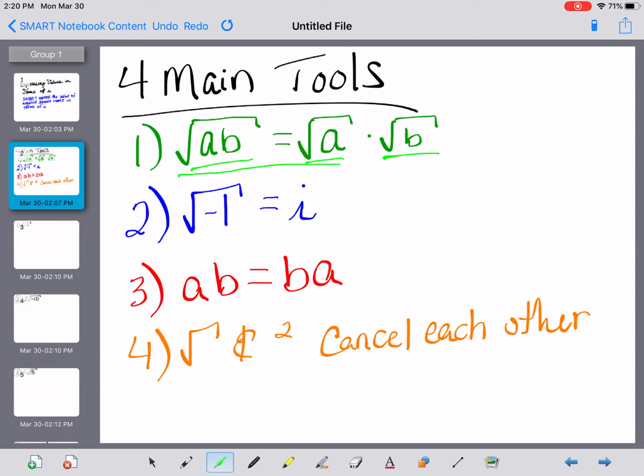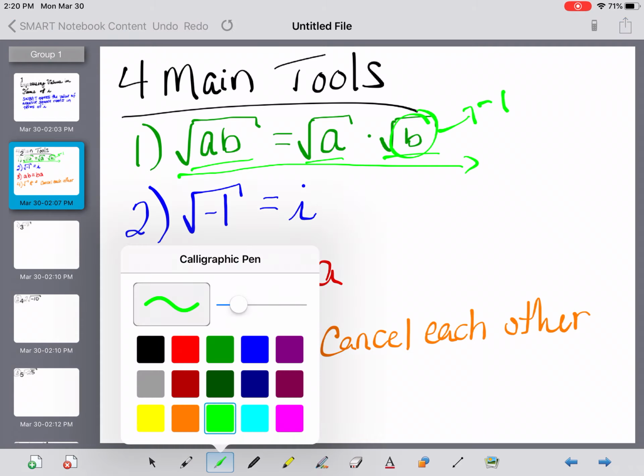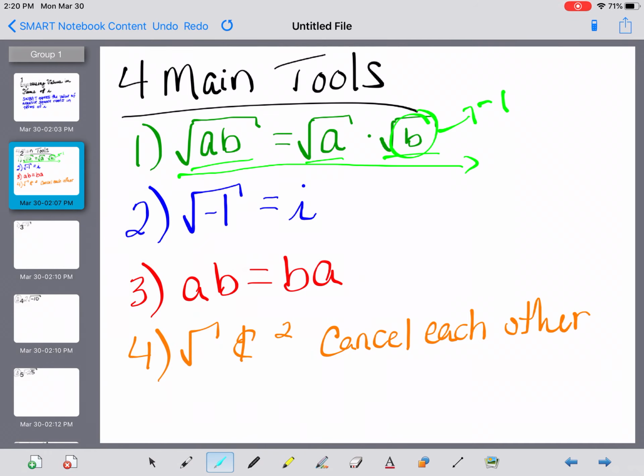This direction is going to be much more valuable for us, where probably our b is going to become the square root of negative 1. So we're going to take that out and then turn it into i. We're going to use the fact that i is equal to the square root of negative 1, so that when we're done with this step up here, we can turn it into i. That's going to be the connection right there.